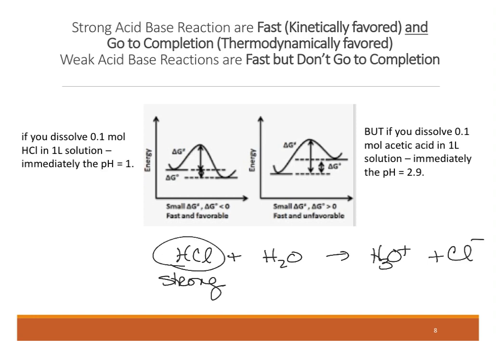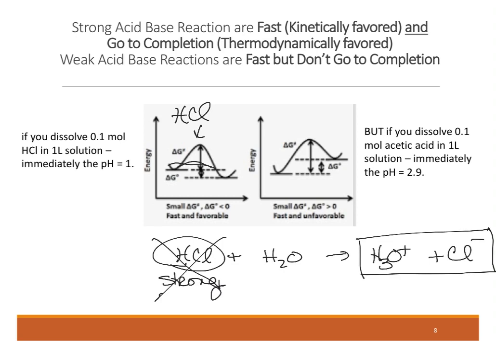So the instant we put this in water, this is all gone and we have 100% the ionized form of it. And it's spontaneous and it happens very fast. So that would be like this. Okay, spontaneous, probably might have a lower activation energy, but regardless.